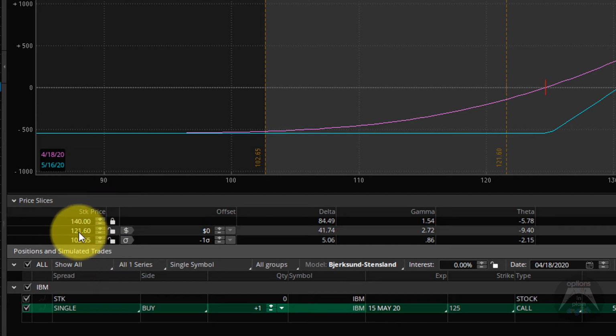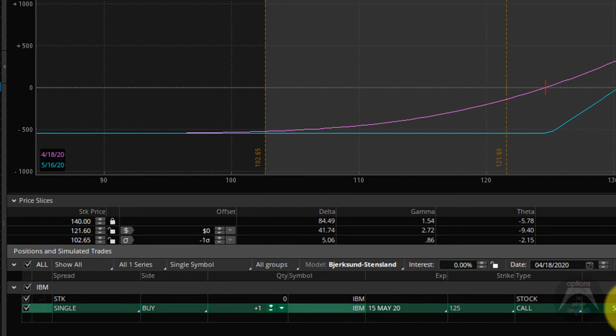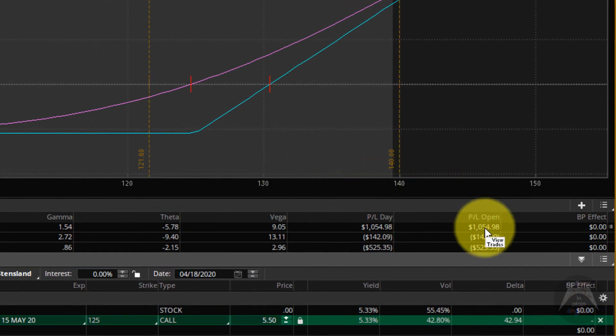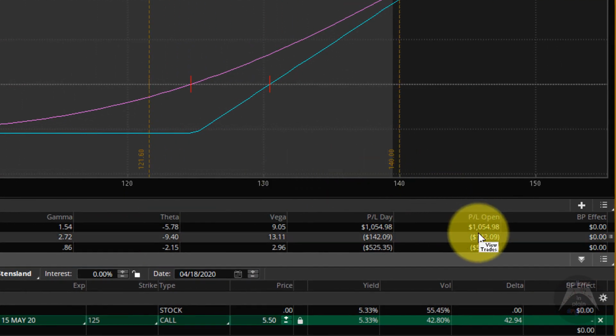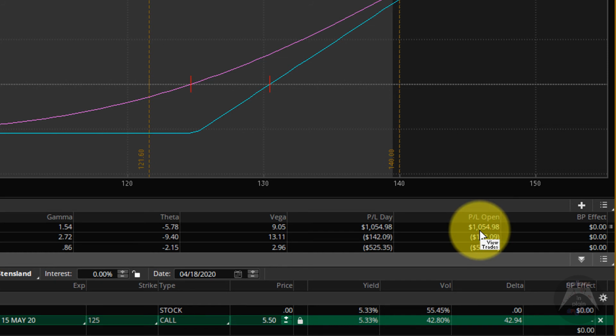What will happen if it goes to 140? Well, you put down 550 because that's what you paid for it. The P&L would be $1,054. So you would be having pretty much a 200% return on your investment.